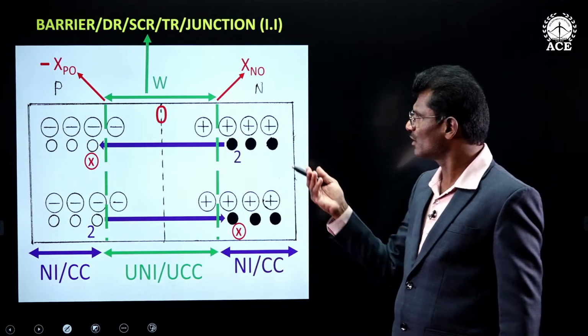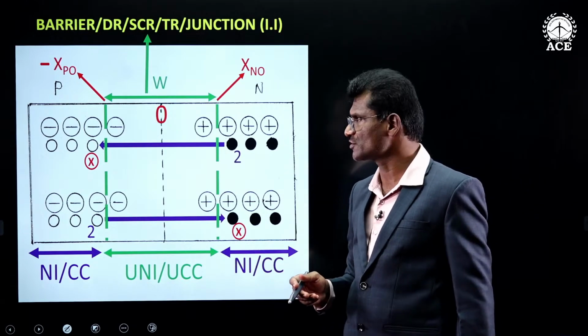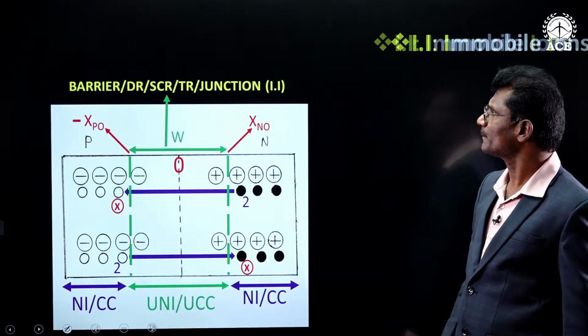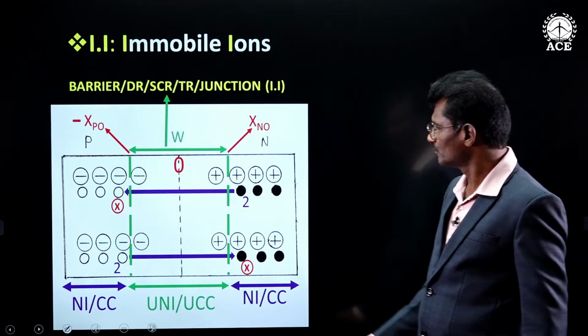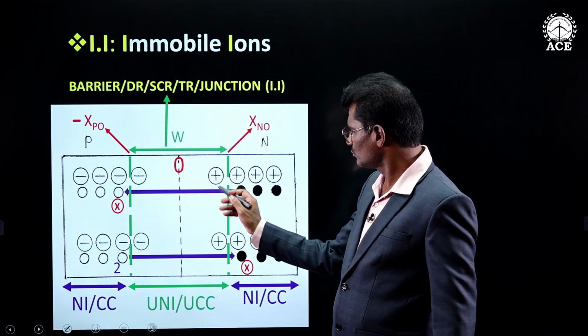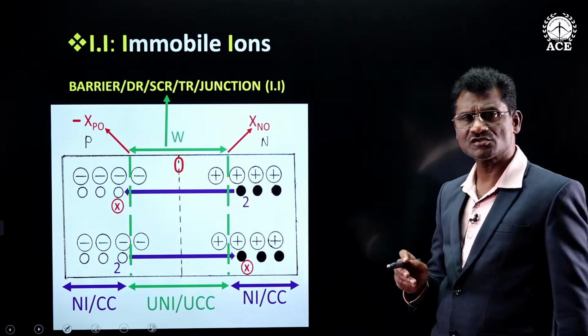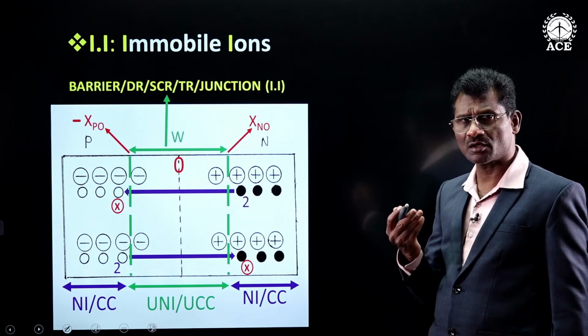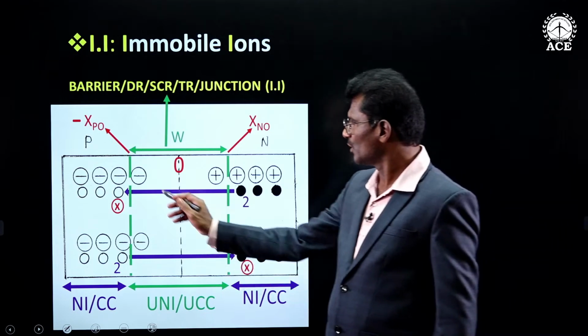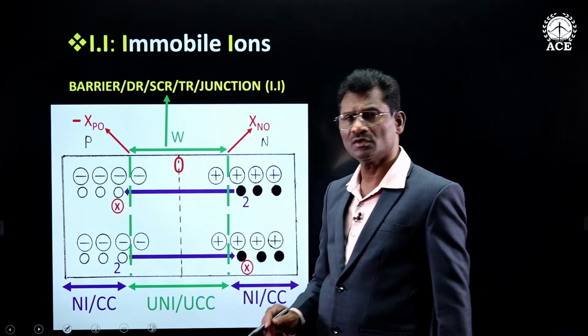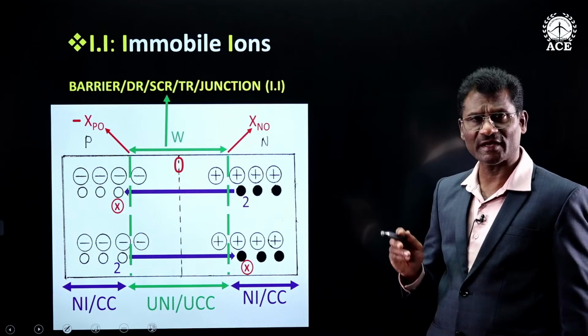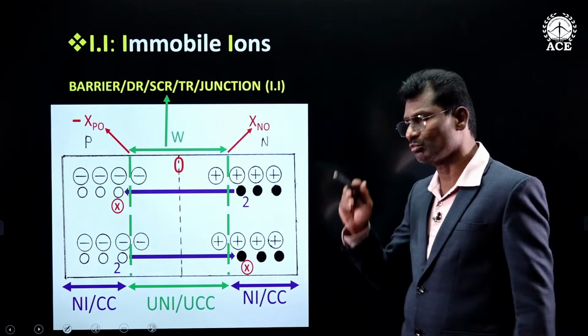Now we will look at the notation of each of these things one by one. This positive and this positive are donor ions. They cannot move. This negative and this negative are acceptor ions. Acceptor ions, they cannot move.